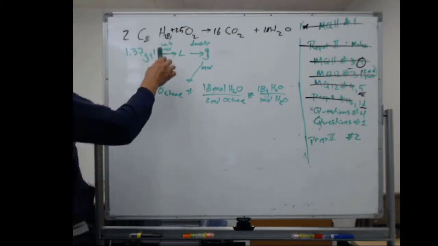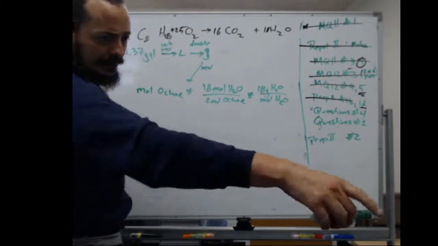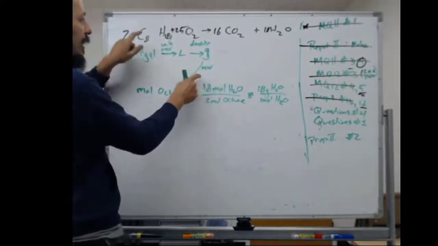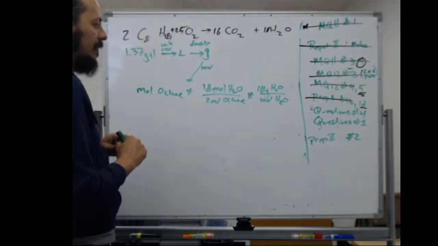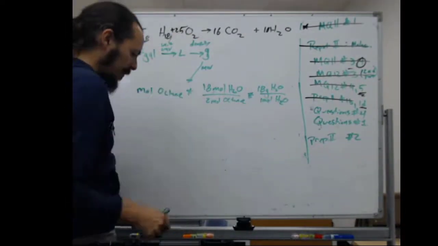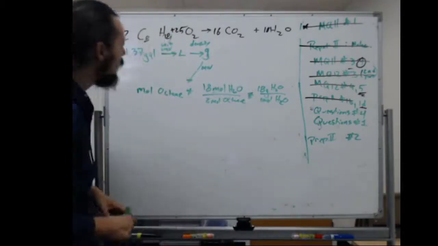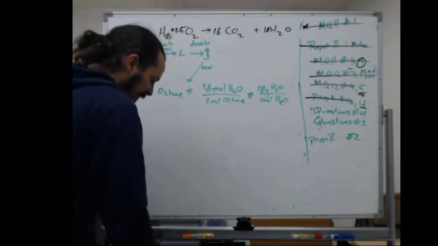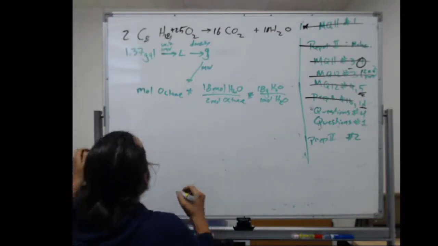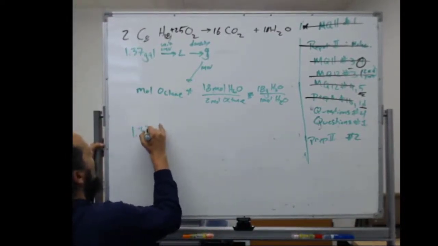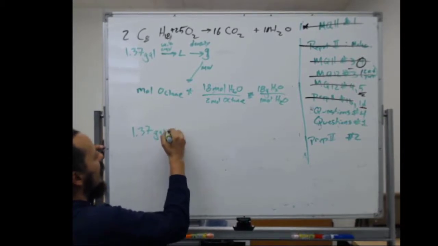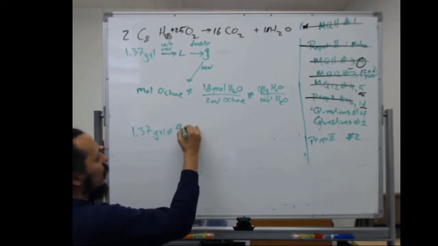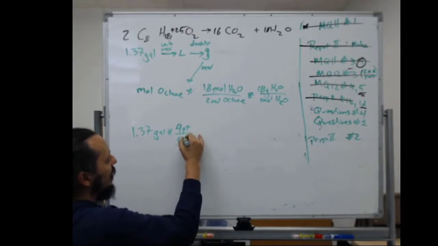I want to make sure I know how to do the unit conversion, I've got the density of octane, and I know how to get the molecular weight. If I can do that, then this is going to be pretty straightforward. So now that we've done our thinking, we can put in the specific numbers. 1.37 gallons, with 4 quarts per gallon.